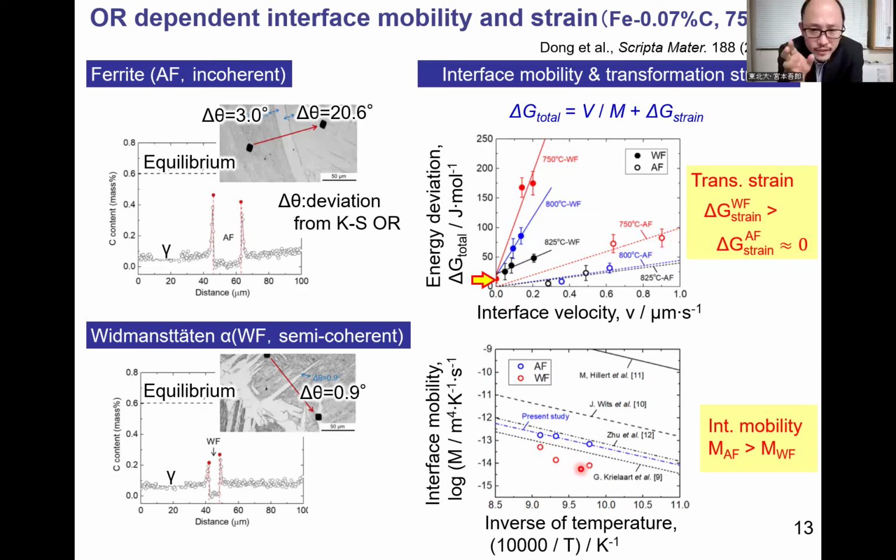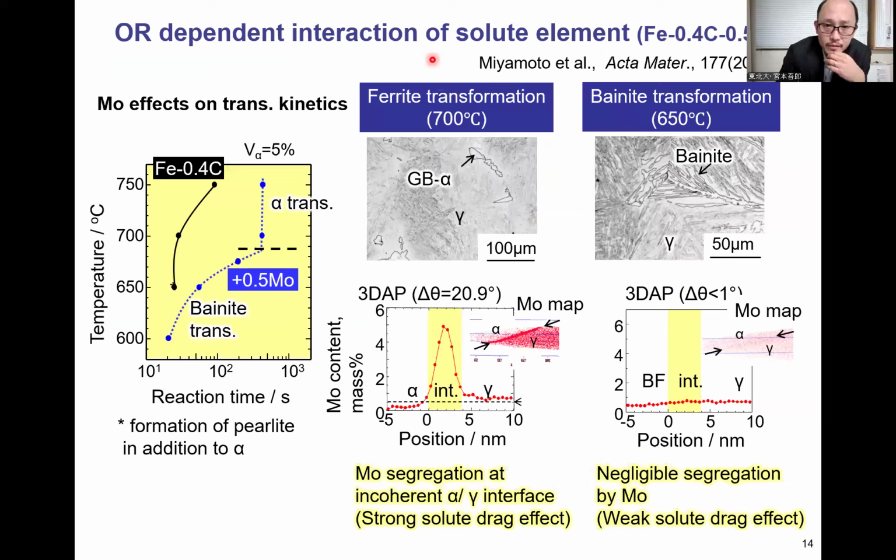So those analyses suggest that the non-case interface exhibits the higher interface mobility and smaller transformation strain. So in iron carbon binary case, non-case interface is more mobile than the Widmanstätten ferrite austenite interface. But the situation can change when we add alloying element, because interaction of solute element with interface is orientation relationship dependent.